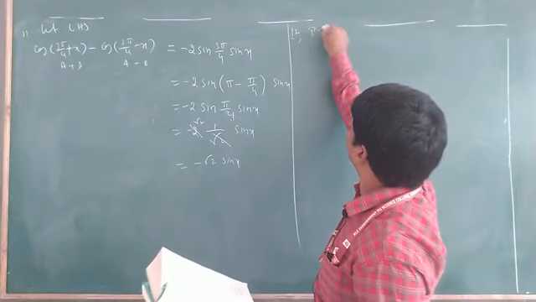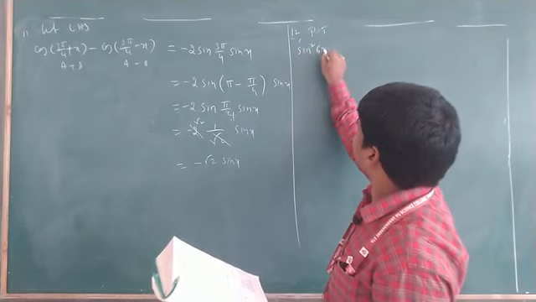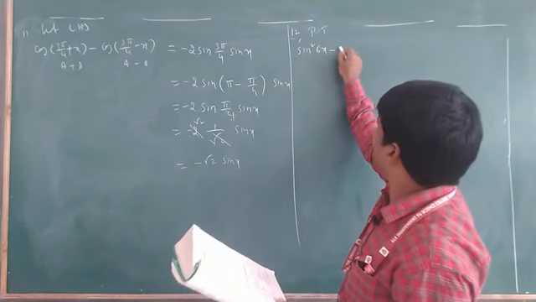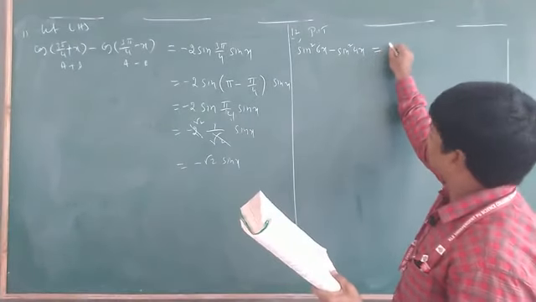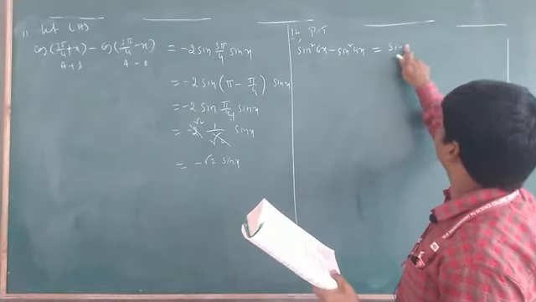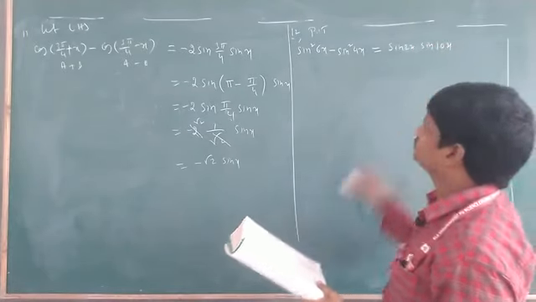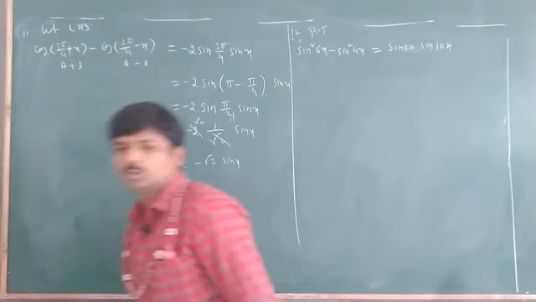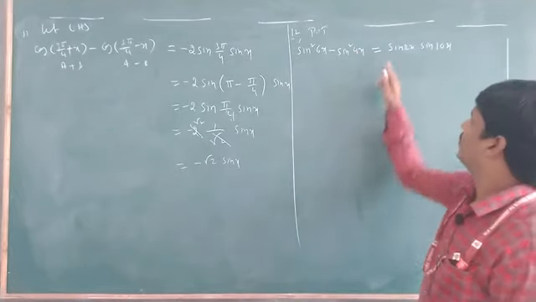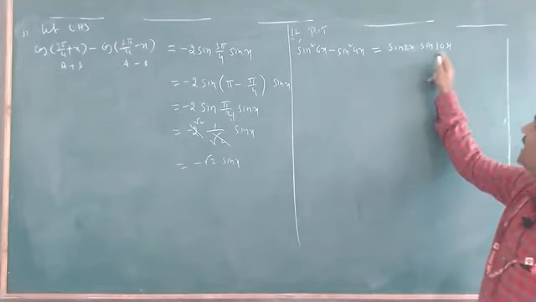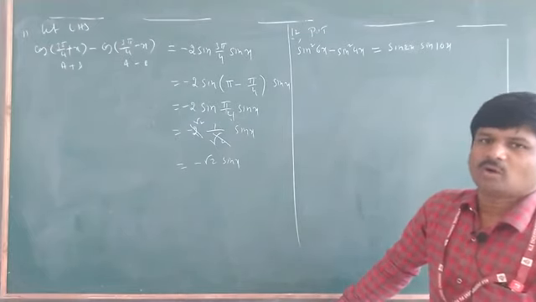Prove that sin square 6x minus sin square 4x is equal to sin 2x into sin 10x. We have to prove this.